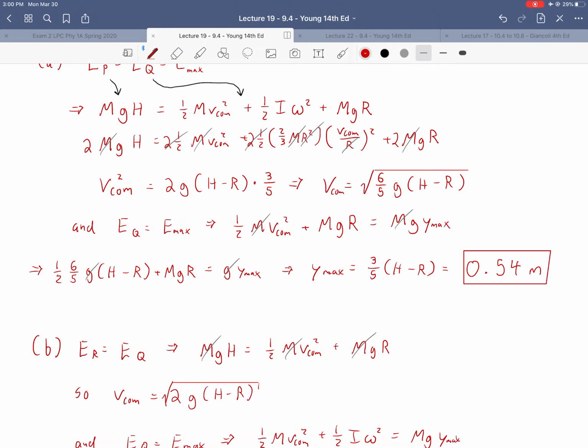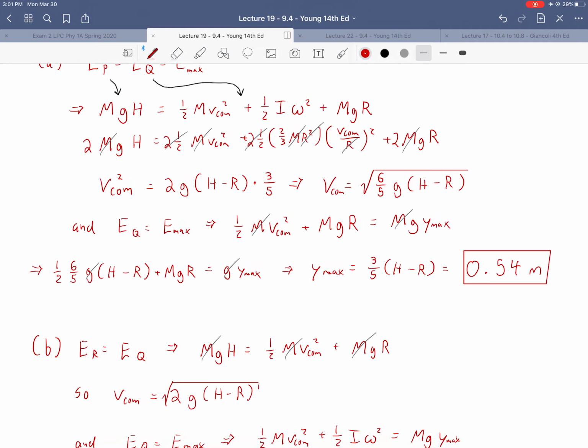I'm going to check that. Let's see what our terms become. Okay, so 1/2 times 6/5, and then plus 1. Okay, or negative. All right, so that should be 0.4.